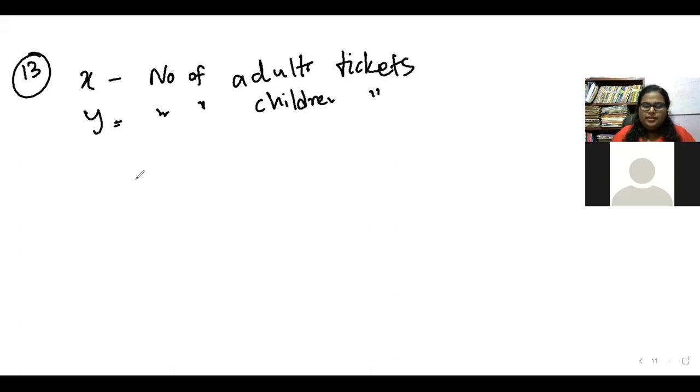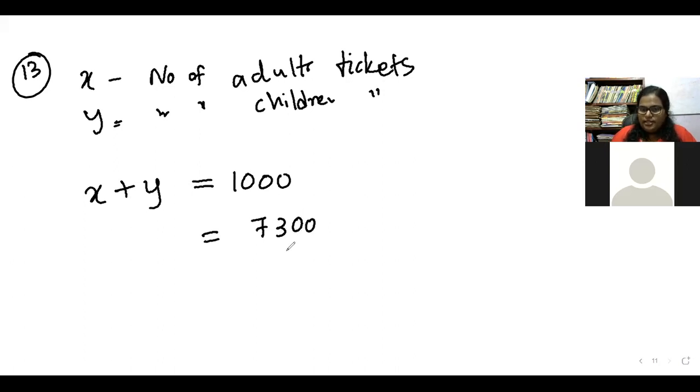So the data given in the question is that they have sold 1,000 tickets in both categories, right? X plus Y should be 1,000, and the income that they have gained from selling these tickets is 7,300, right?